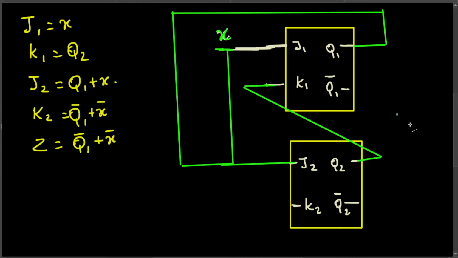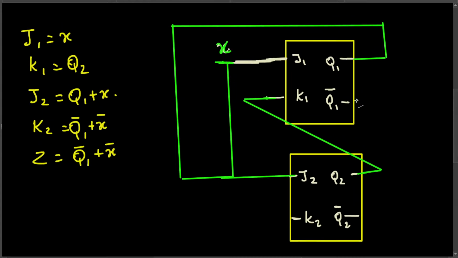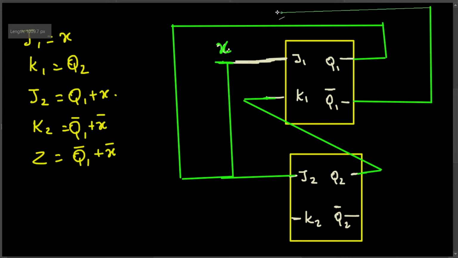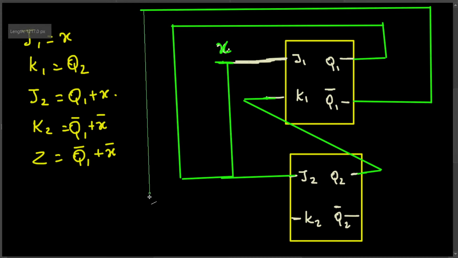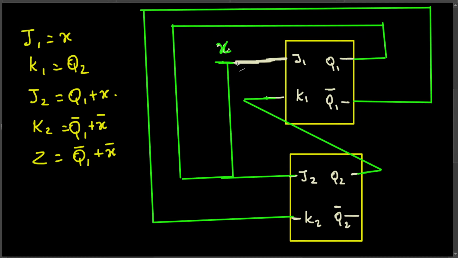Q1 naught, you can bring it upside like this, and X naught, you connect with X but put a NOT gate for it. Okay, put a NOT gate right here.